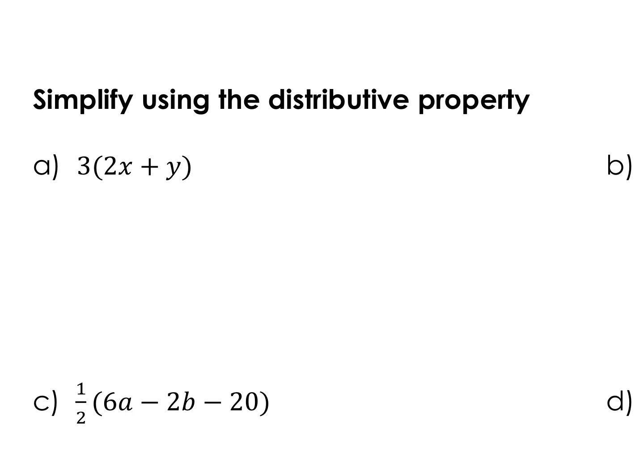So I'm going to do it as I go. 3 times 2x is 6x, and then 3 times y is plus 3y. I do those hops as I go to make sure that I'm not missing any important terms.